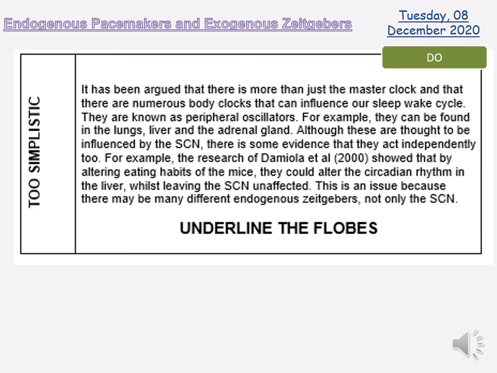Okay, in terms of other studies, such as Damiola in 2000, changing eating habits of mice, they could alter circadian rhythms in the liver and leave the suprachiasmatic nuclei unaffected. Okay, so it may be a case that there is not just the one internal pacemaker, and not only the SCN is a factor in keeping the internal clock going.